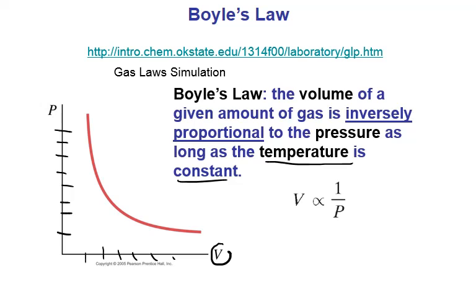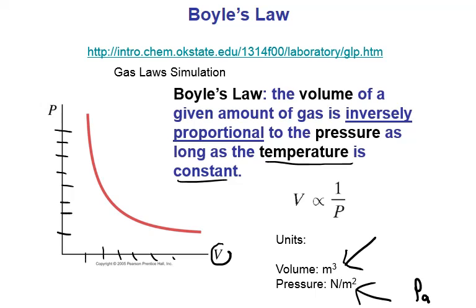So volume is inversely proportional to pressure in Boyle's law. We're going to be using meters cubed for volume, and pressure is going to be in newtons per meter squared, and also pascals. 1 newton per meter squared is 1 pascal.